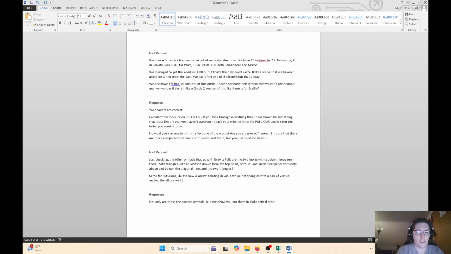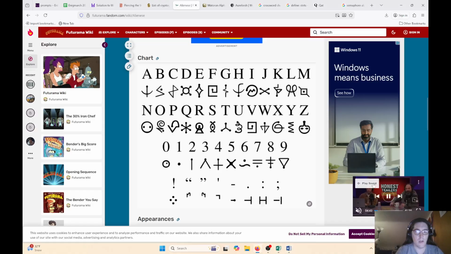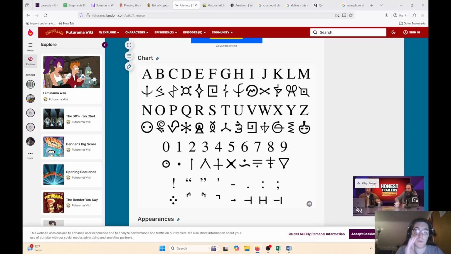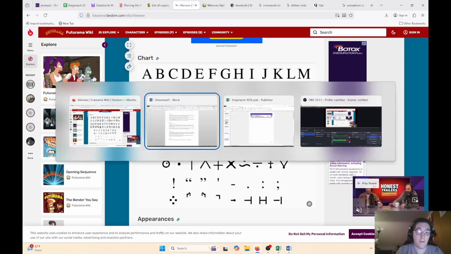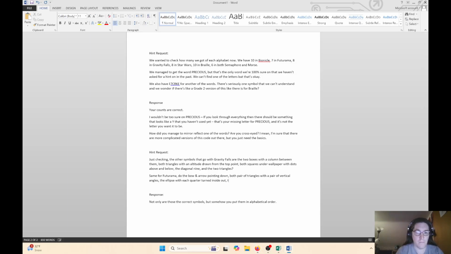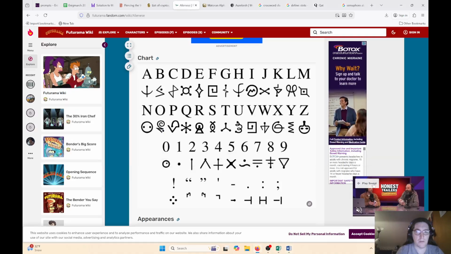With each quarter turned inside out. We don't need to do the N. Start a knot. Two loops.